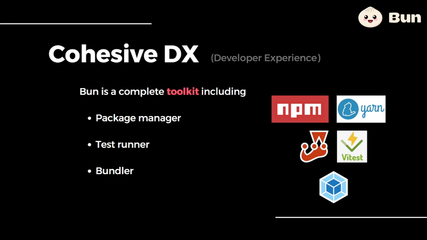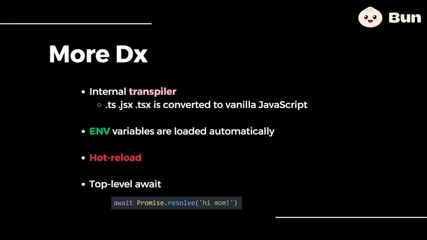These three things are the most represented by Bun, but I have more developer experience features I'm interested in. The first is the internal transpiler, which converts TypeScript, JSX, and TSX into vanilla JavaScript.